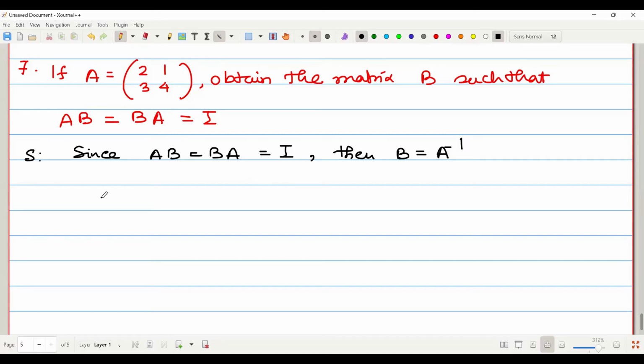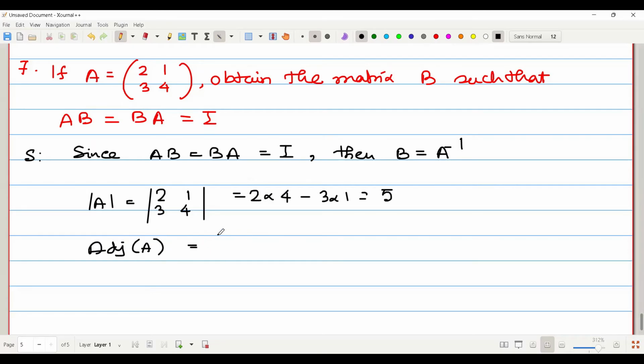So we are finding the determinant of A, [2, 1; 3, 4], that is 2 cross 4 minus 3 cross 1, which is equal to 5. Then what should be the adjoint of A? That is [4, -3; -1, 2], its transpose, that means [4, -1; -3, 2].